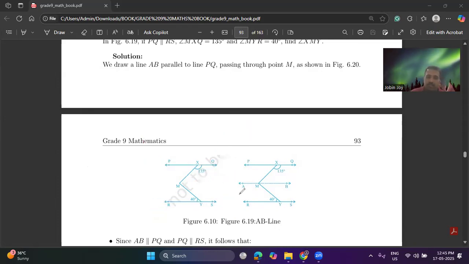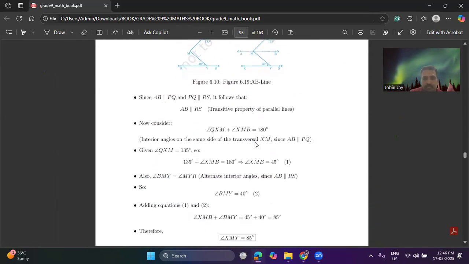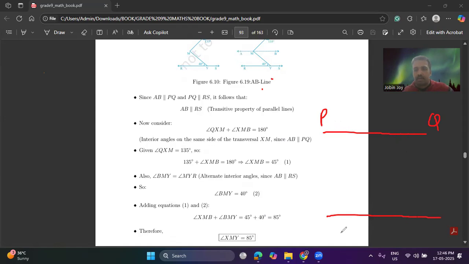So to do this, the first step is to draw a line passing through M called AB. So I will draw this line. This is PQ and this is RS.